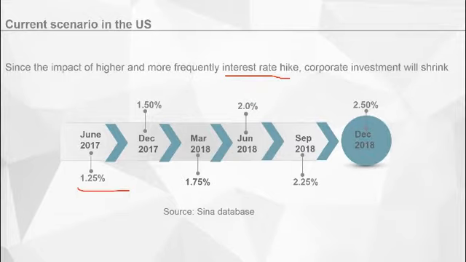It doubled to 2.5% in 2018. In just more than 1 year, we can say the interest rate is getting higher and higher, which is bad for investment. The investment will shrink.